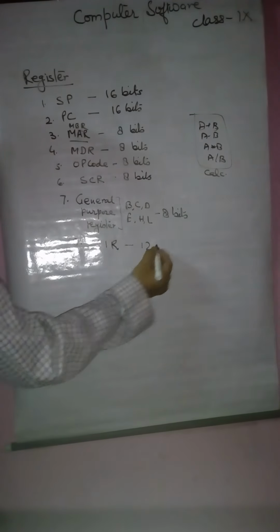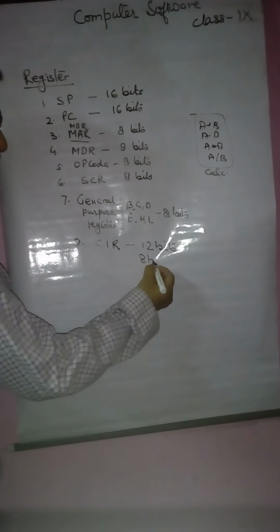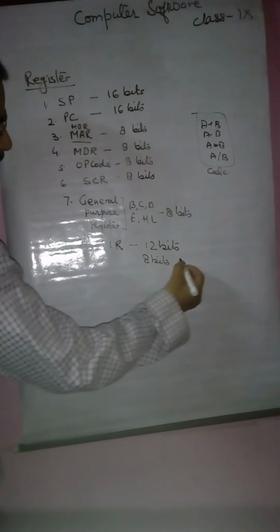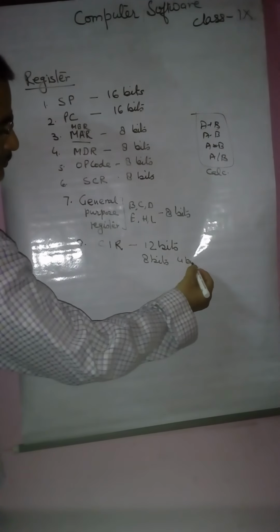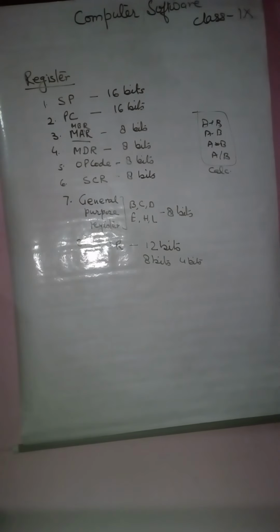It is of 12 bits, where 8 bits are for data and 4 bits for operator. So CIR, current instruction register, maintains the sequence of the current process for the processing.